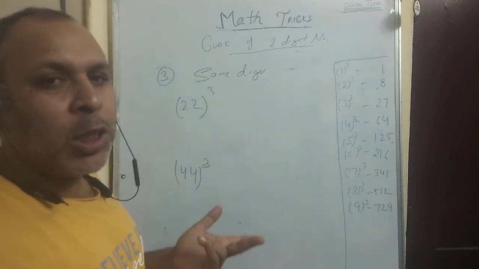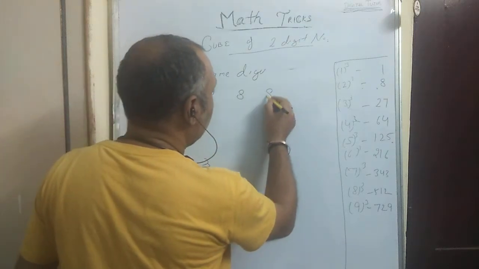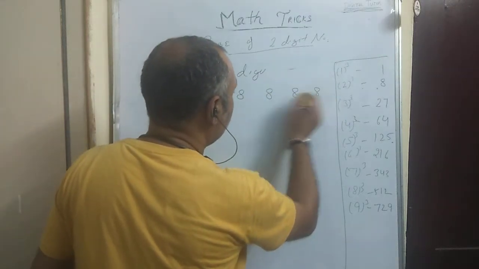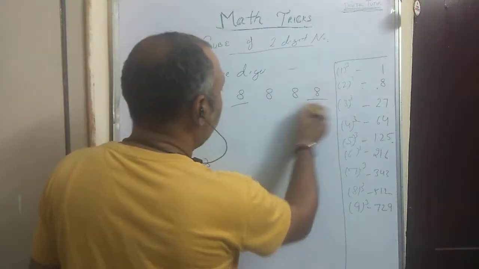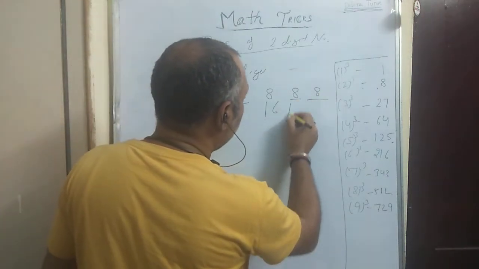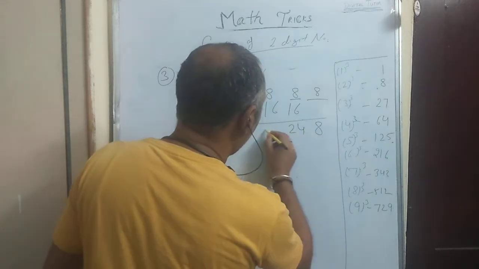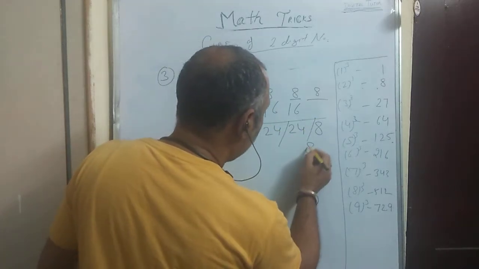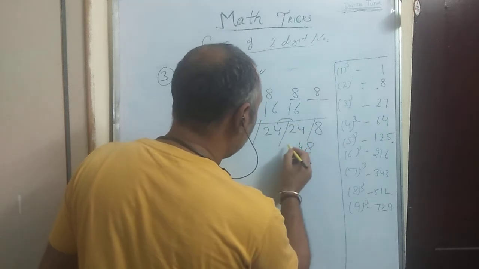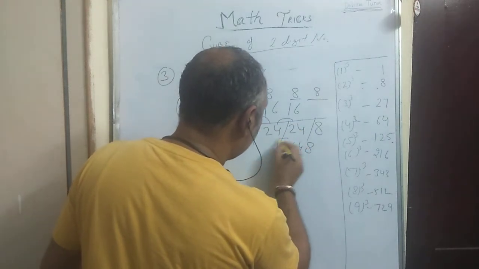Any number with both digits 2: cube of 2 is 8, 8, 8, 8. Four times the cube of the digit. Leave 1. 8, double is 16, 8, double is 16, 8, 24, 24 and 8. 8, 4, 2 carry, 26, 6, 2 carry, and that is 10. That is the answer.